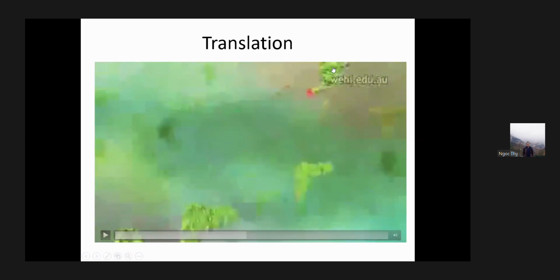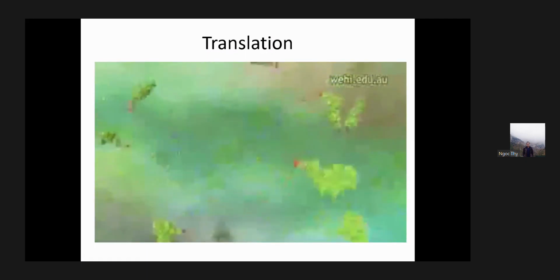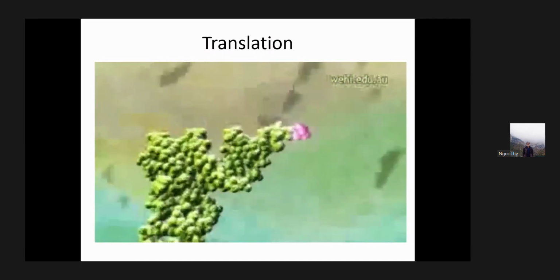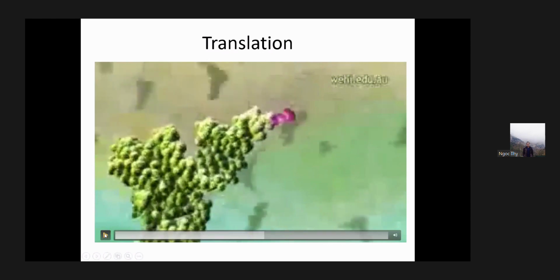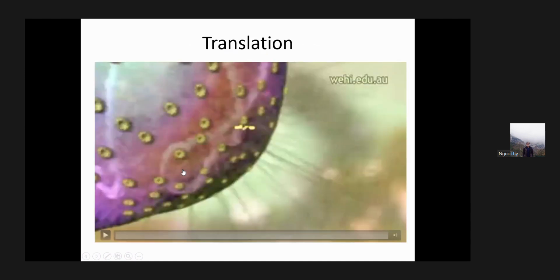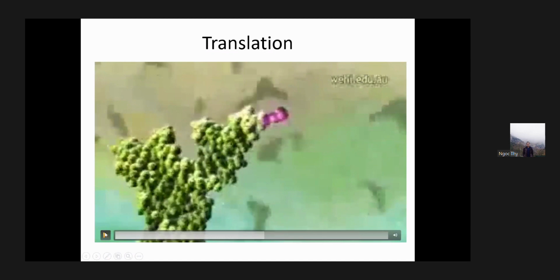We see a tRNA here with a red dot. This red dot is the amino acid that the tRNA carries to the ribosome position to synthesize the protein peptide. So there are different types of amino acids.